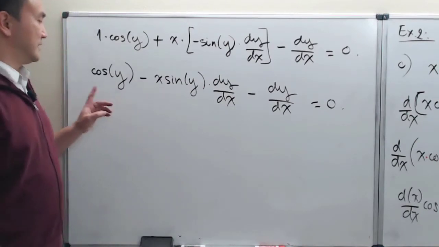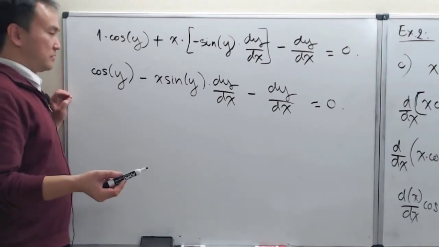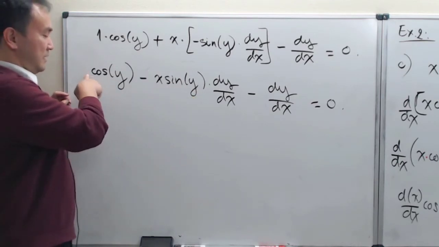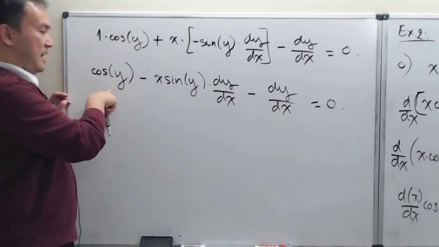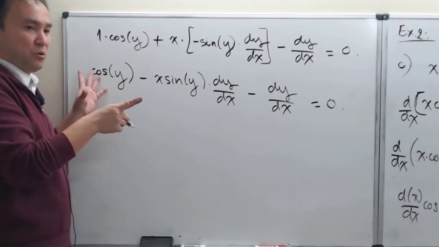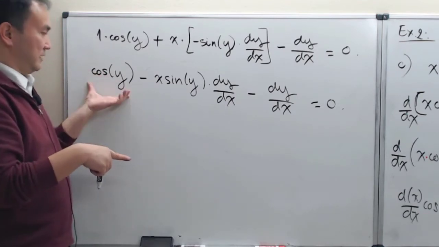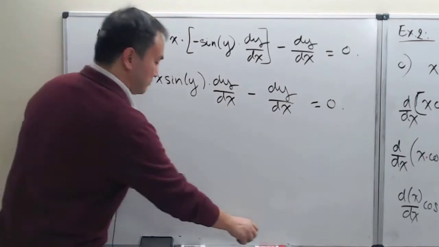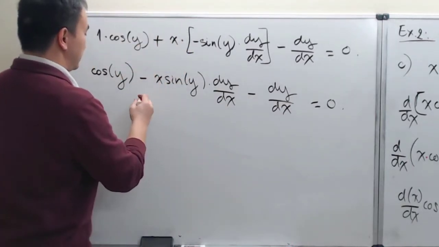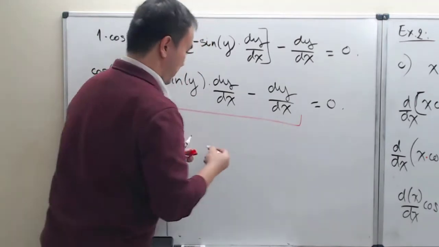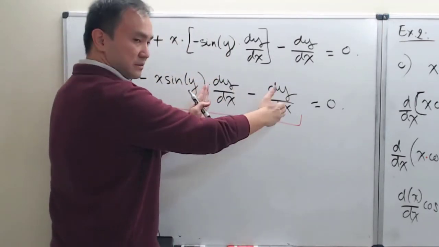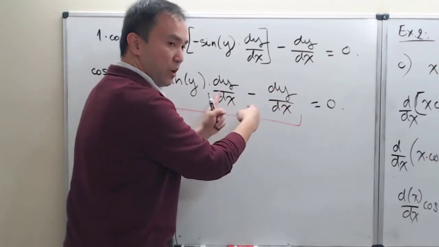At this point, the work is starting to become the usual one, as we have seen in the earlier problems. This term has no dy dx associated with it. Let's bring that to the other side. And these two terms that I'm about to underline are like terms because they have in common the factor dy dx.